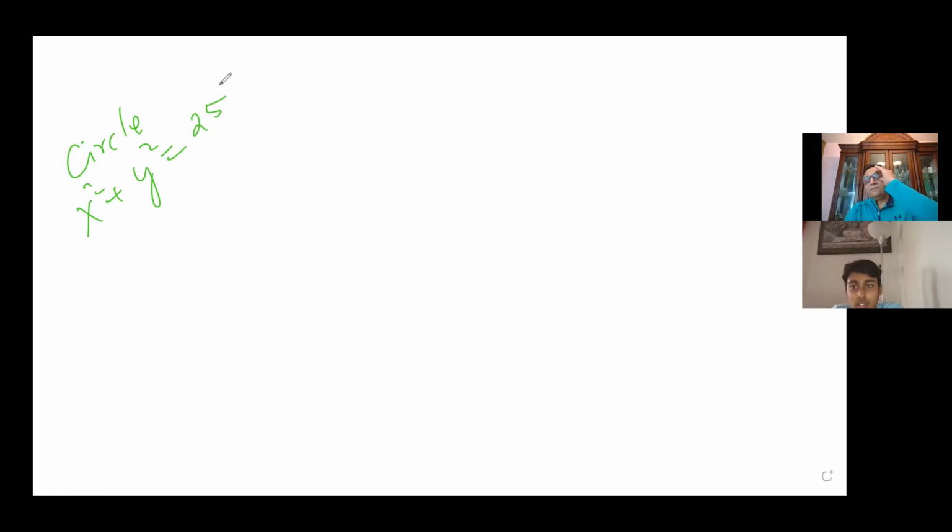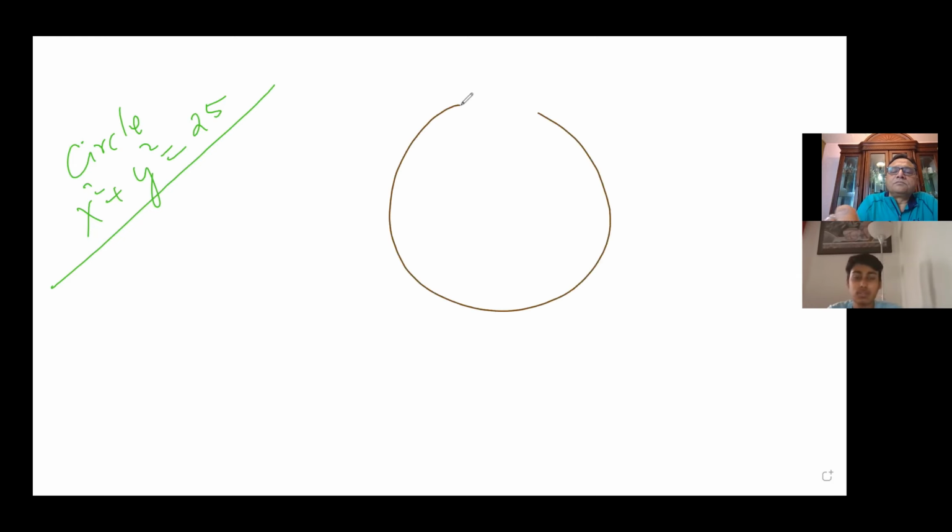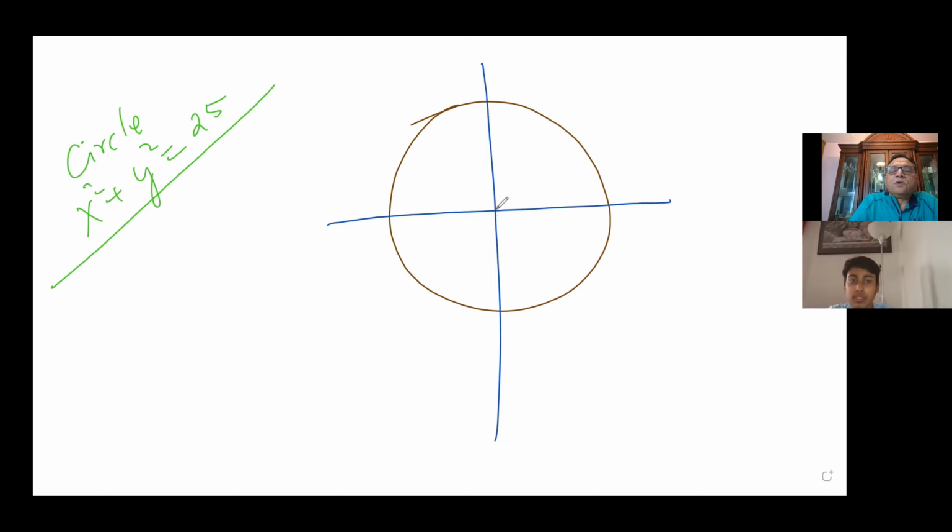Now, if we have a chord which is going through the points, let's say this is the circle. In that case, we know the circle has a radius of 5, correct? Yes, sir. 25 is there. So that is the circle with radius of 5.